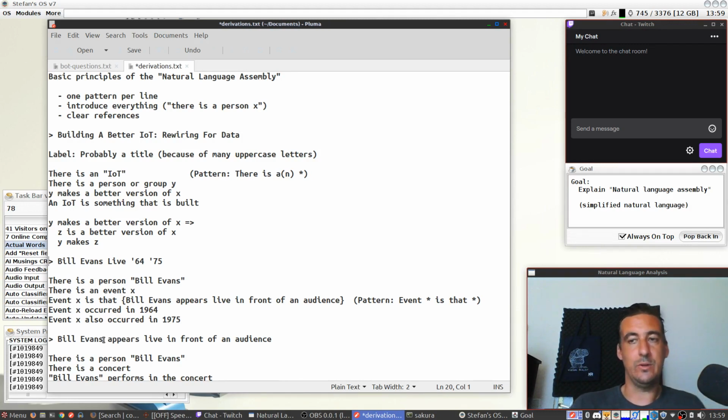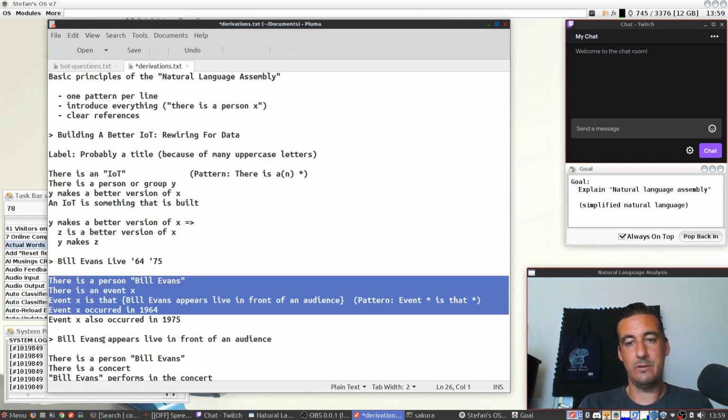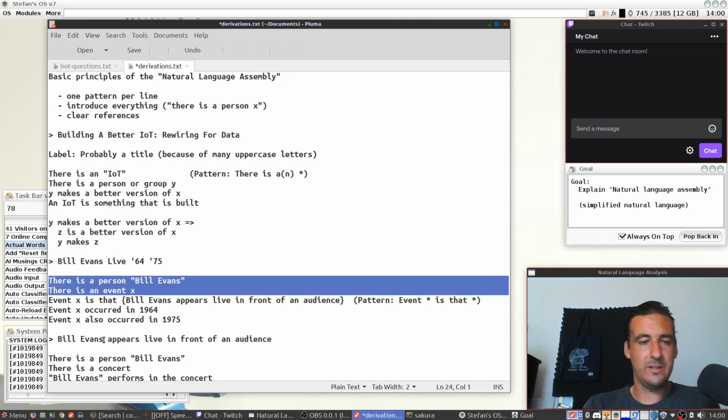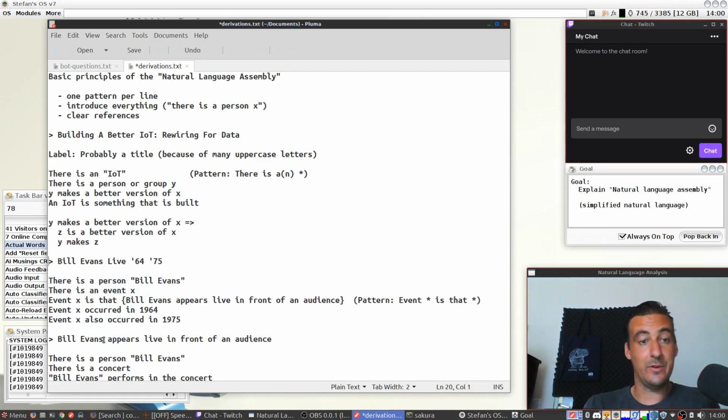I think it's too hard for the computer. We should have this interim step where both the human and the computer can look at what is being said. And this is a bit hard to read. We prefer the simpler version, but it's still readable for humans.